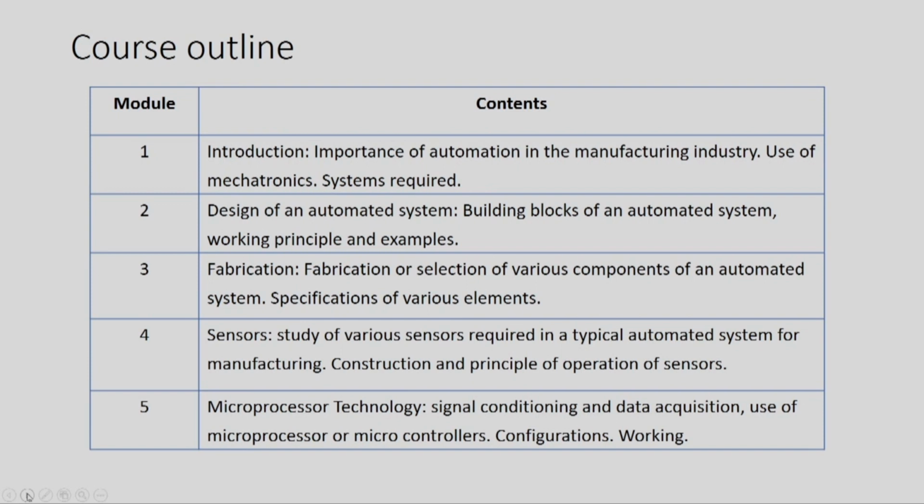In module 3, the fabrication details or selection of various components of automated systems will be discussed. How to specify various sensor elements or the constructional elements will be studied. In the next module, that is module 4, we will be studying various sensors which are used in an automated system, their construction and principle of operation will be discussed.